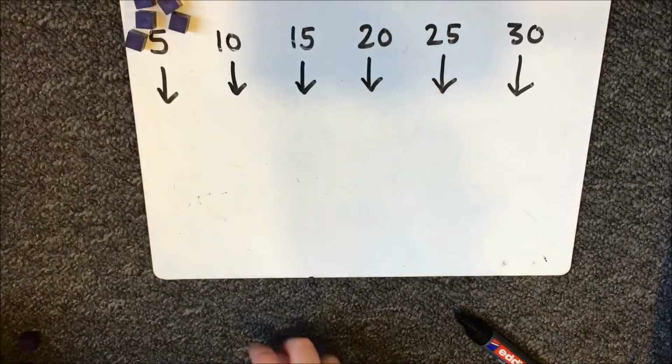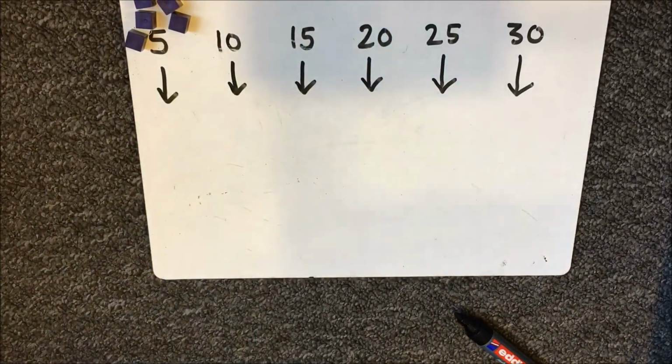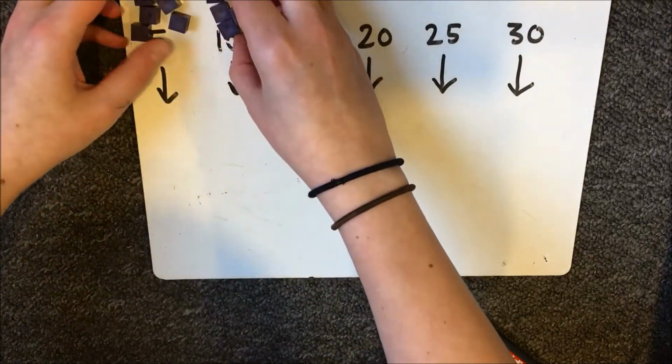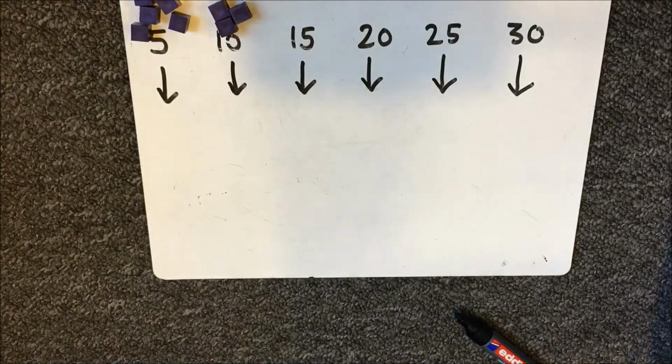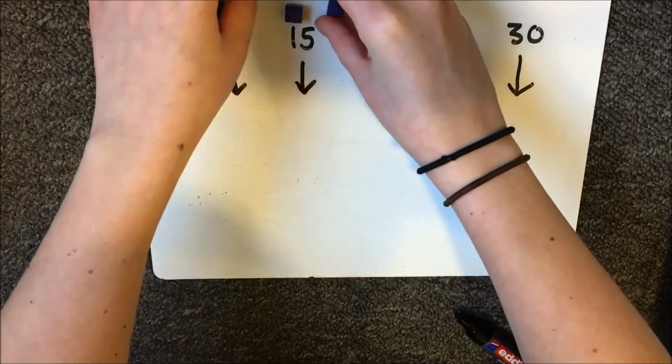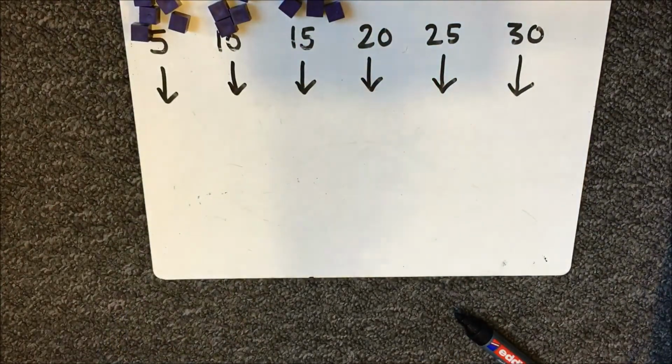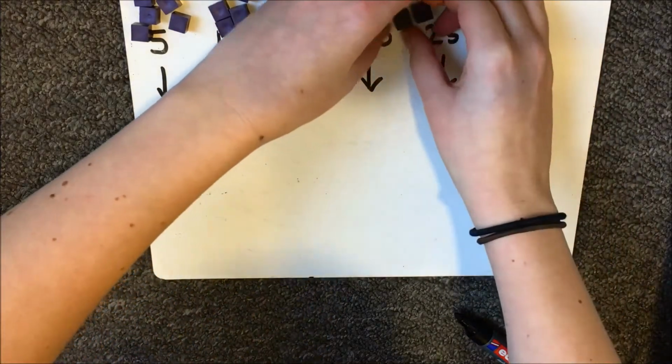Ready? 5. Well, I'm going to have to get a lot of 1s this time. 10. You might have to be very patient with me whilst I get all of these Deans out. 15. You hear me rummaging around in my bag? 20.